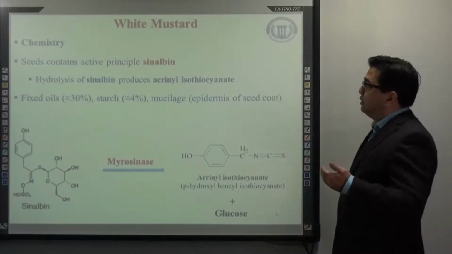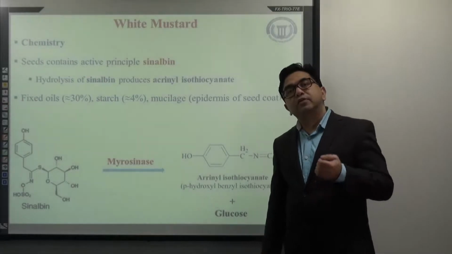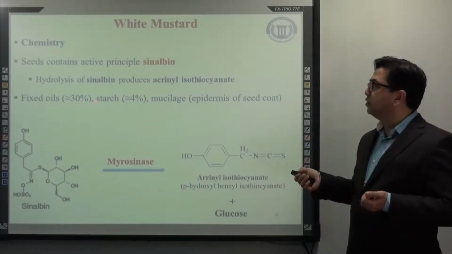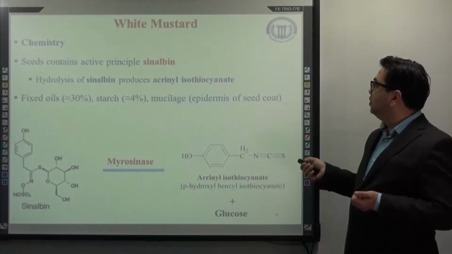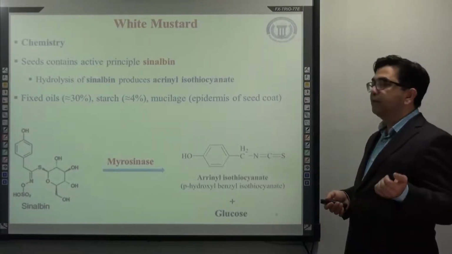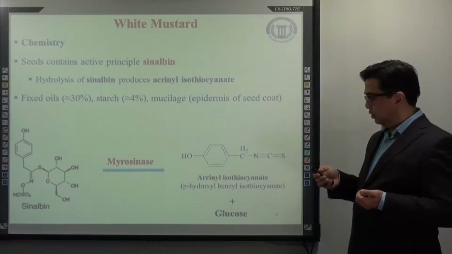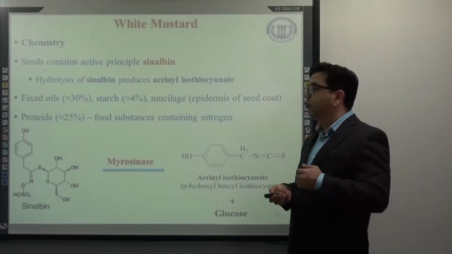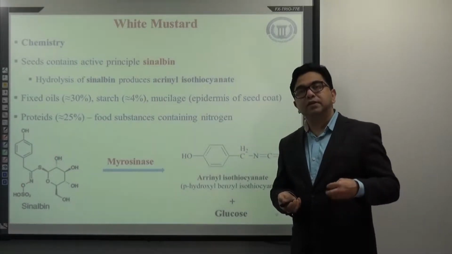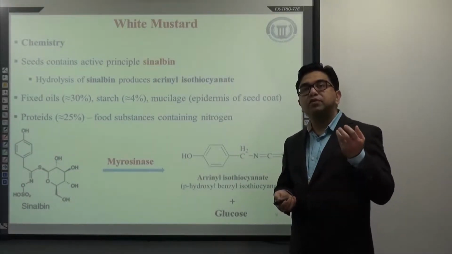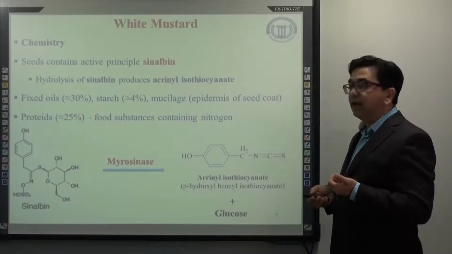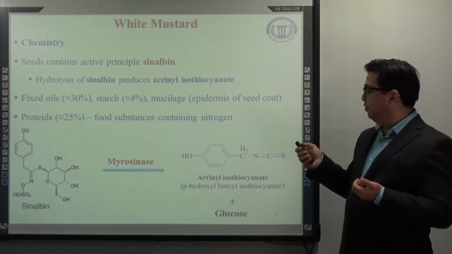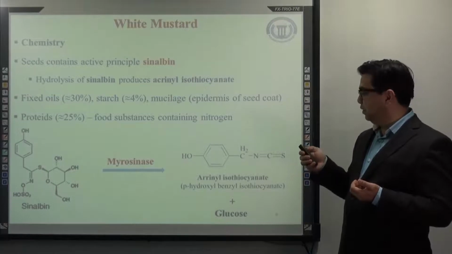Other than sinalbin, the white mustard seed also contains fixed oil around 30%, starch content around 4%, mucilage, that is the epidermis of the seed coat. Not only that, they also contain proteids around 25%. What are proteids? Proteids are nothing but the food substances that contain nitrogen. So other than sinalbin, they also contain fixed oil, proteids, starch and mucilage.